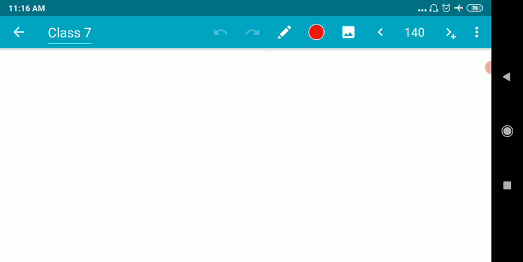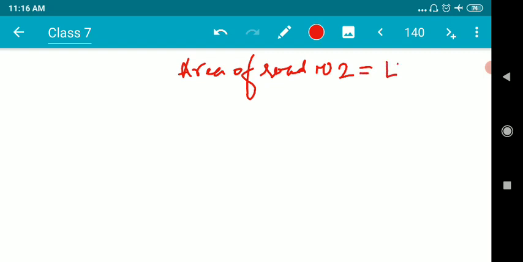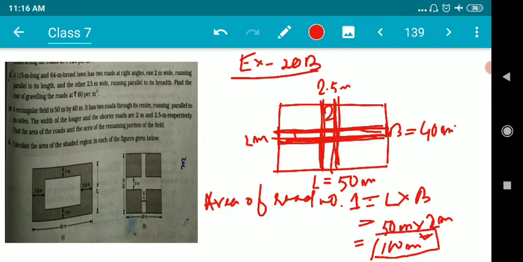Let's find the area of road number 2. Area of road number 2 is equal to length into breadth, because both the roads are rectangular in shape. The length of this shorter road will be 40 meter, because it's vertically lying on the rectangular field inside.